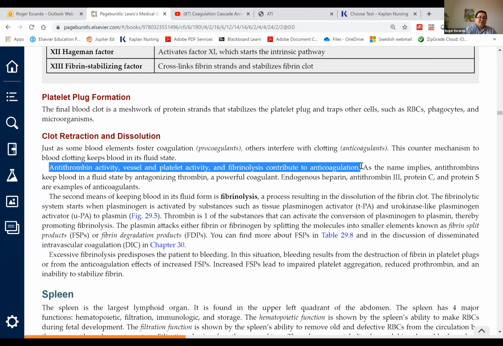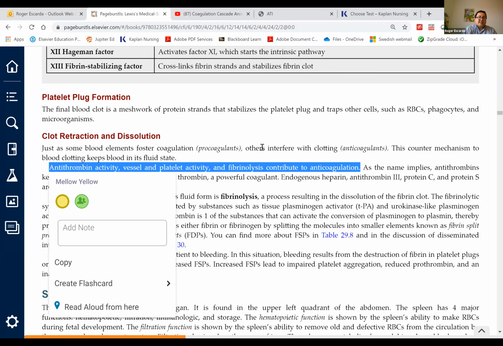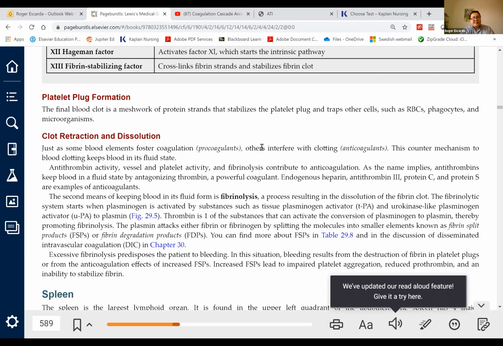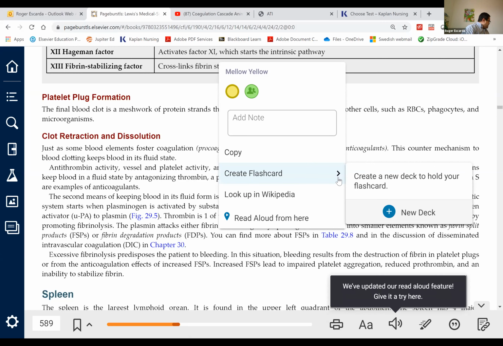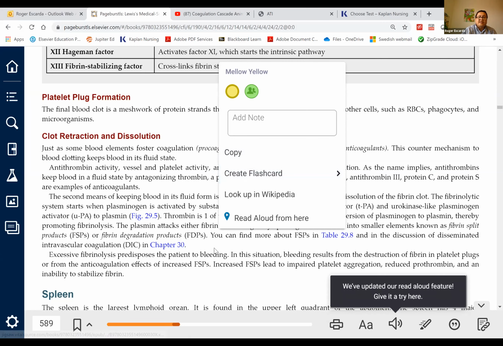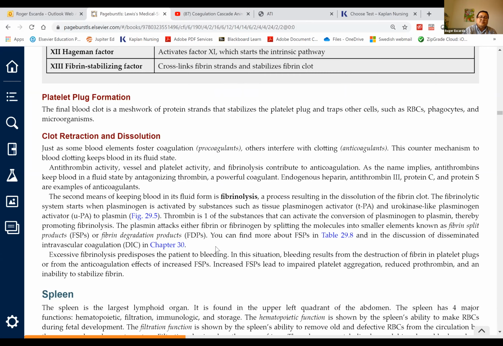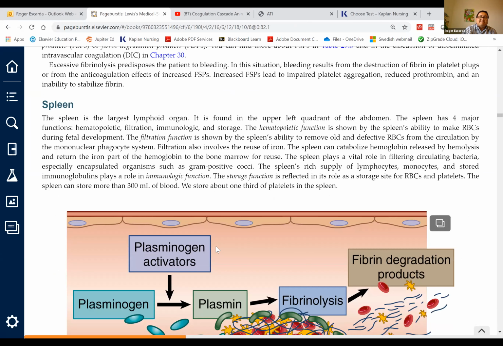Dissolve is the proper term. So that is a natural course of events. After a clot is formed, the body has to break down that clot. That is known as fibrinolysis. I'll explain later why that is significant when we get to therapy of patients with DVTs, with clotting problems.